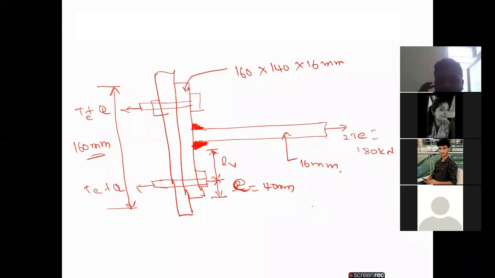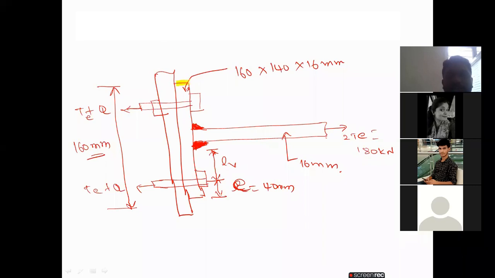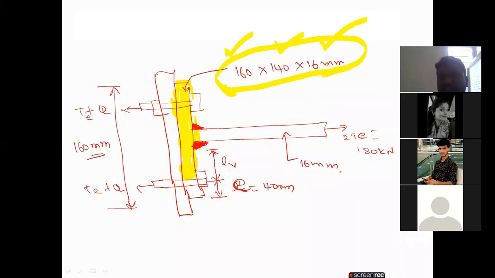If you observe here, the diagram will also be given in the examination. So this is the end plate. For your better understanding, I'm drawing it like this. The dimensions of the end plate are 160 mm, 140 mm, 16 mm. 16 is the thickness.